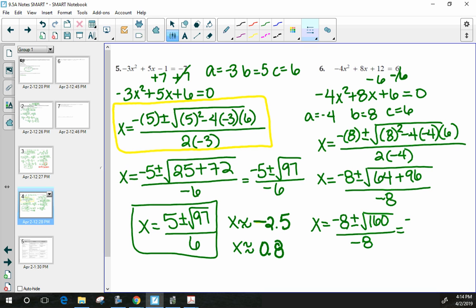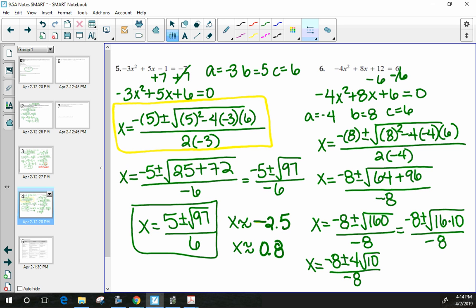So we can write that in simplified radical form by separating out the 16 and the 10, 16 times 10, and then taking the square root of that 16. We end up with negative 8 plus or minus 4 square root of 10 over negative 8.